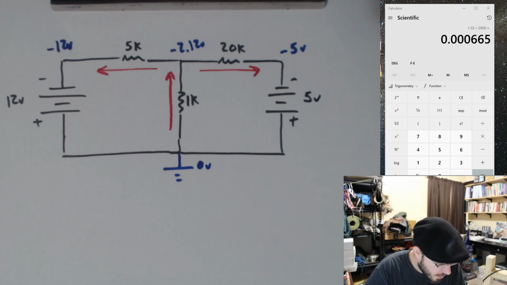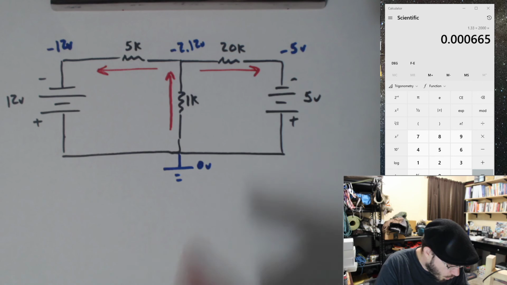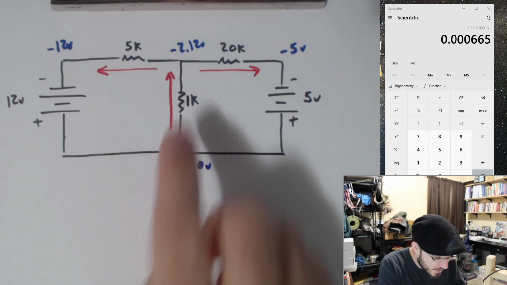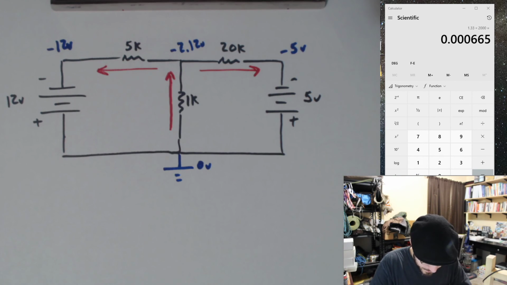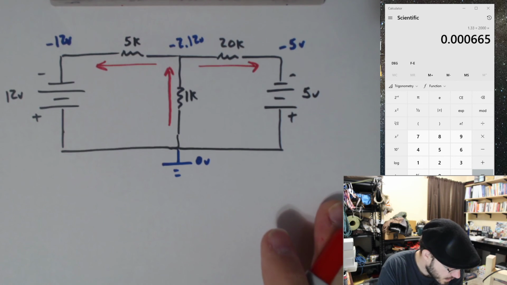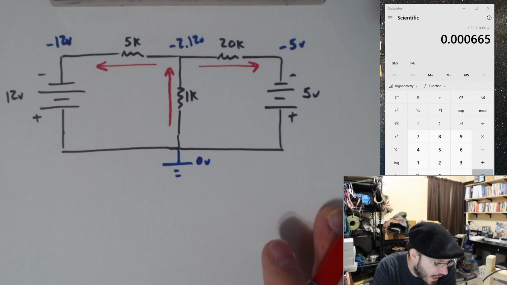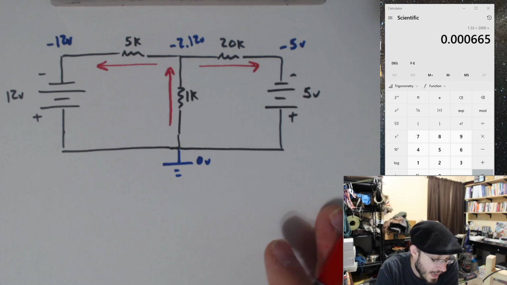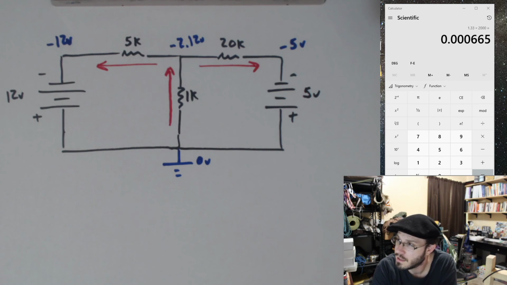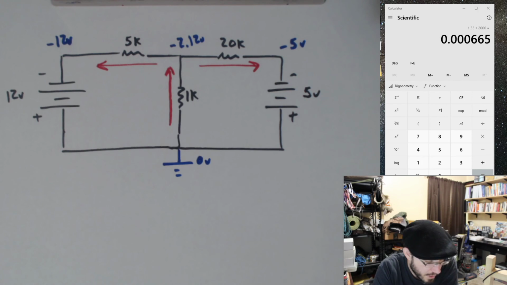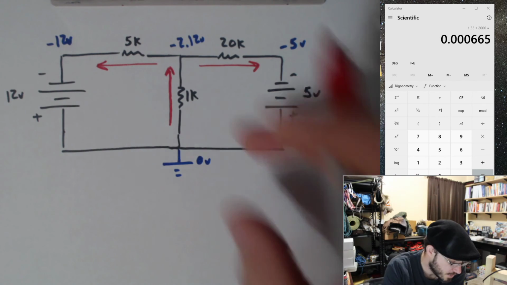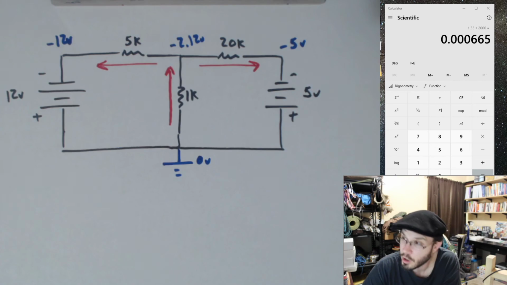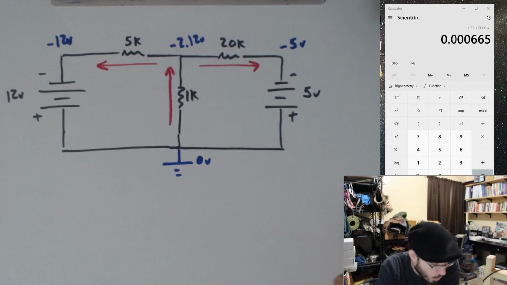And if you want to figure out what my current is, let's look at this 1K. Well, how do I do that? I can just look at this and tell you what my voltage drop across the 1K is. It's 2.12 volts. Is it minus 2.12 volts? No, absolute magnitude. It's just the voltage drop across it. So 2.12 volts is what I got across this 1K.